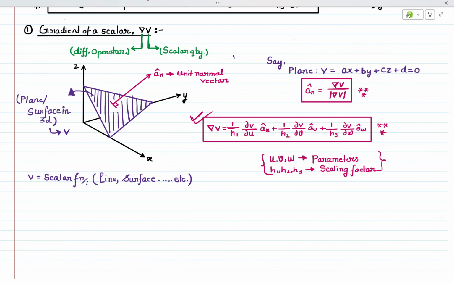And the important thing that I want to mention here is why the gradient of a scalar is used.